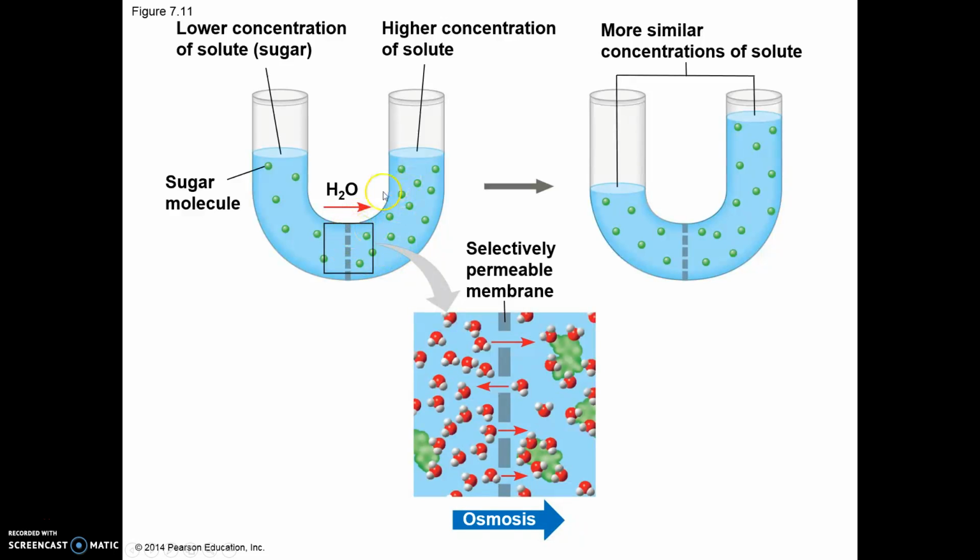When we look at it over here, clearly we have more green molecules per a given unit of volume compared to over here. So if we draw a line across here, we have like 5 here, but only 2.5 over here. So we can see over time the water is going to move because it is hydrogen bonding with these green molecules. The net movement of water is going to come around.